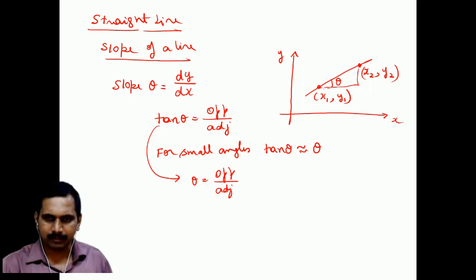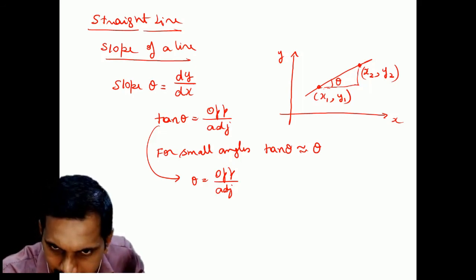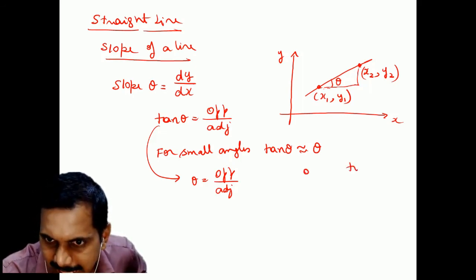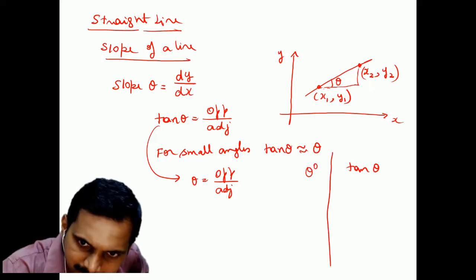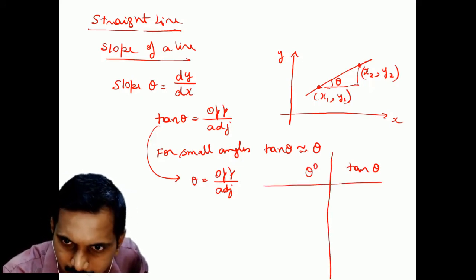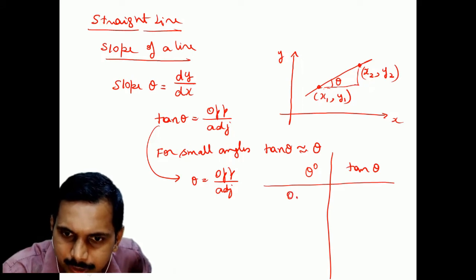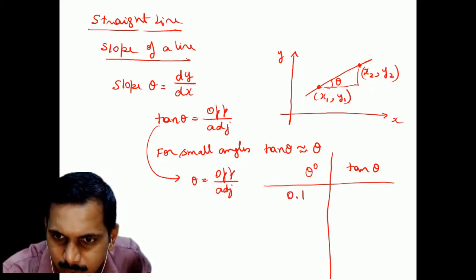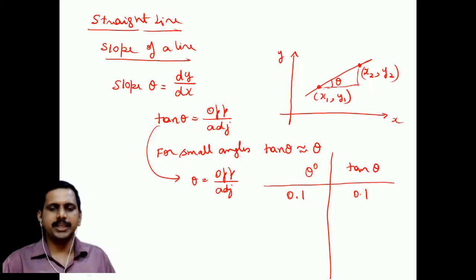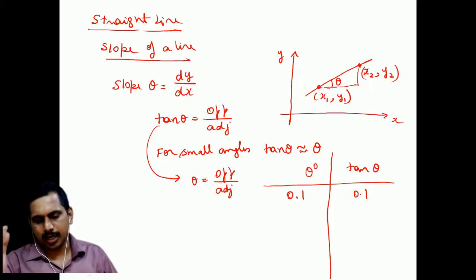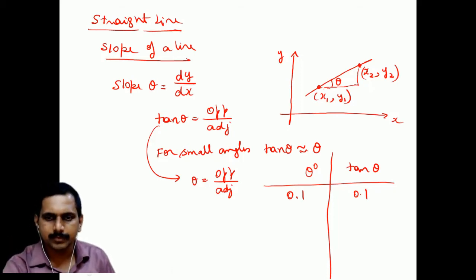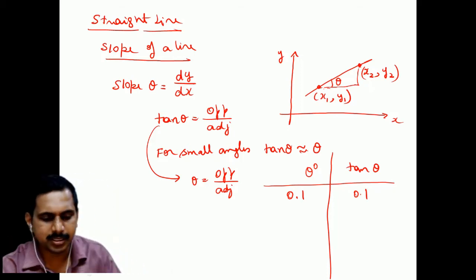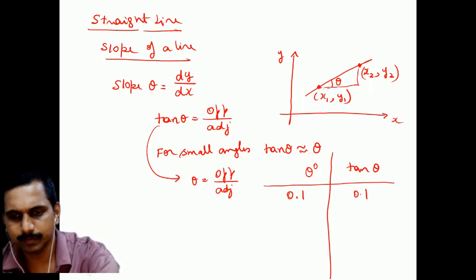Now let us try it out. We should not believe anything. Take theta in degrees and tan theta. We will not believe something just like that. If I take 0.1 degree, tan of 0.1 is what? It should be 0.1, is it not? Check it out on your calculator.